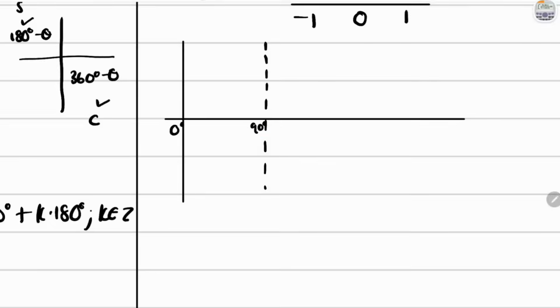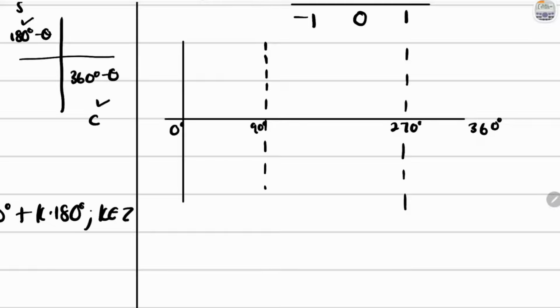And then remember, the tan graph repeats itself every 180 degrees, and so does every solution that it has. So if you have an asymptote at 90 degrees, your next asymptote is going to be 180 degrees later. So that's going to be at 270 degrees that you'll have your next asymptote. Okay, and then we can just end at 360.